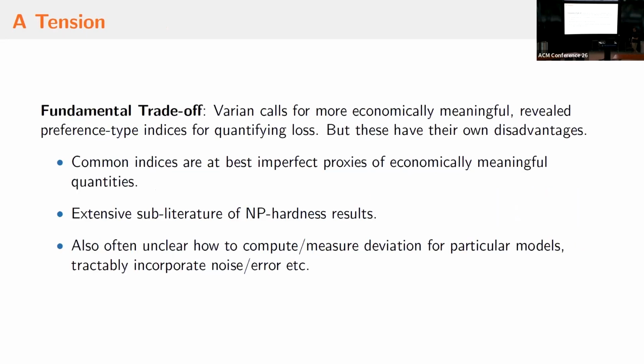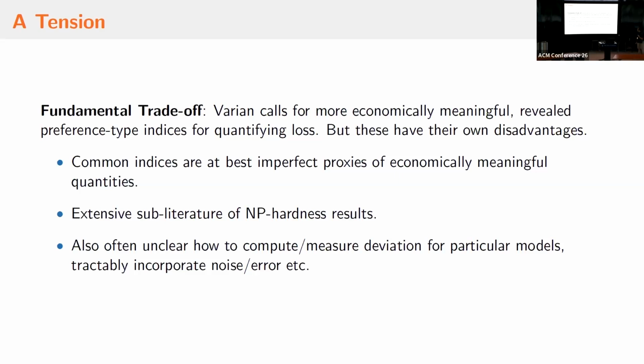But unfortunately, this immediately takes you to a kind of tension. There's this fundamental trade-off between the approaches. Varian calls for more economically meaningful, revealed preference type indices, but these really carry with them a whole host of different downsides that are pretty inescapable.